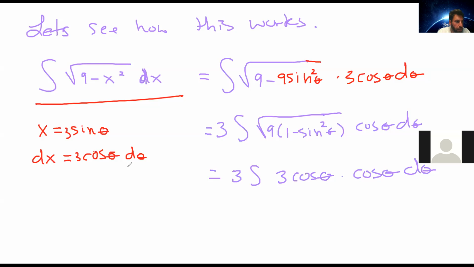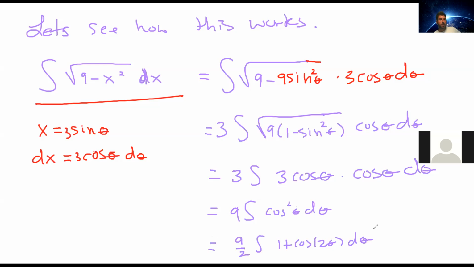So the 3's become a 9, and now you're left with the integral of the type we talked about last week, a cosine squared, which we know we can write as 1/2 times 1 plus the cosine of 2 theta d theta. And this is not a very complicated integral.